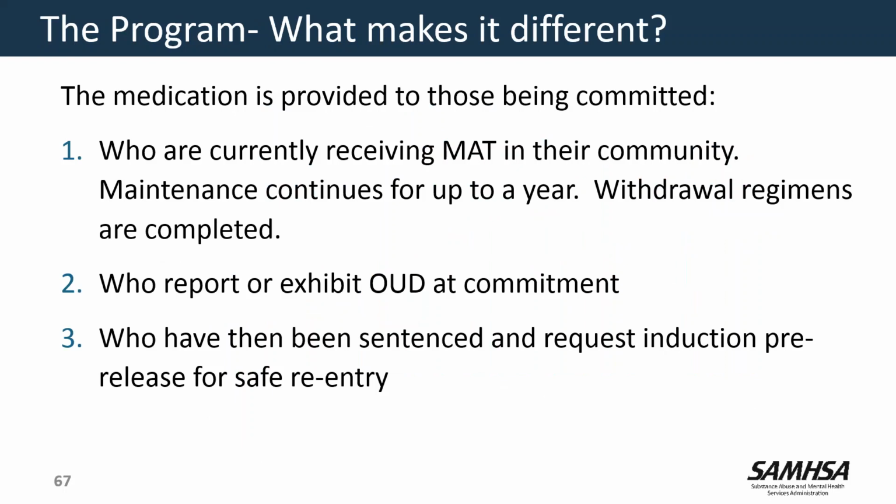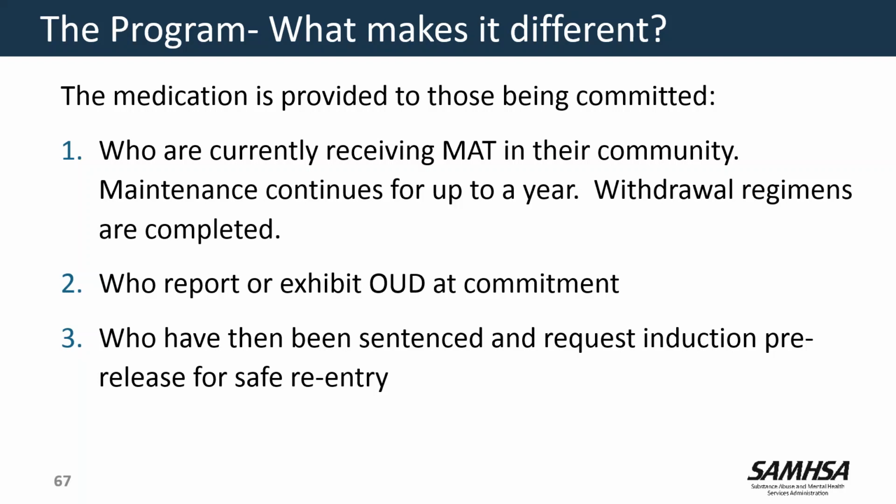So in addition to providing all three medications, another difference in this program is it's provided to three different groups. Those who have been receiving medication-assisted treatment in their communities from a provider, they become incarcerated and their medication is maintained for up to a year.